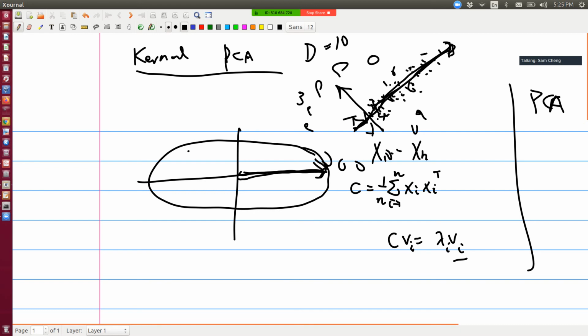So maybe you have points like this, and then points like this. You want some kind of unsupervised learning, and you want to separate into classes. In this case, one possibility, of course, is to use the kernel trick to project to higher dimensions. Then there's a possibility that you can separate them. And if it's just for the sake of separation, I don't need to project to really high dimension.